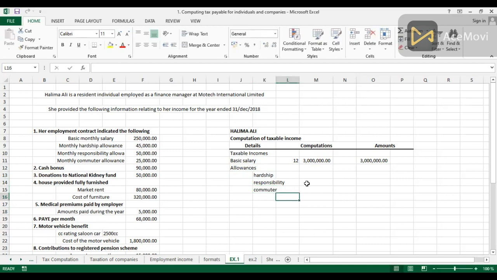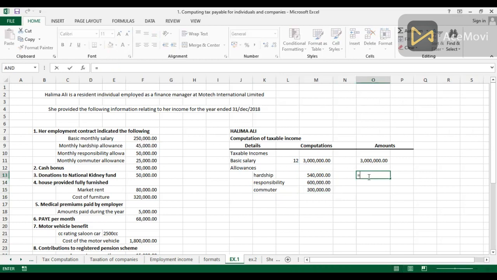And they are also monthly. So it will be equals. I'll take this our 12 here. I press F4 to lock it. Times. I take the values there. Enter. I come here. I do this way.